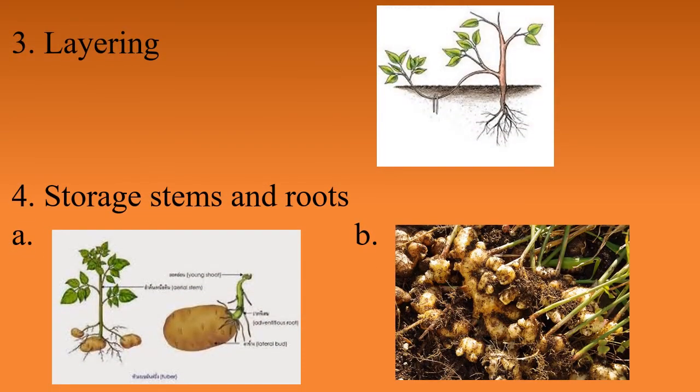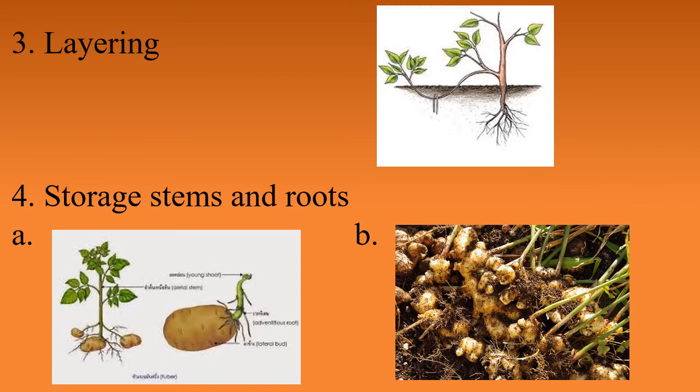Number 3. Layering. Layering is a method of growing a new plant from an older one by bending a stem till it touches the ground. A new plant grows from the bent stem of the mother plant which is buried.